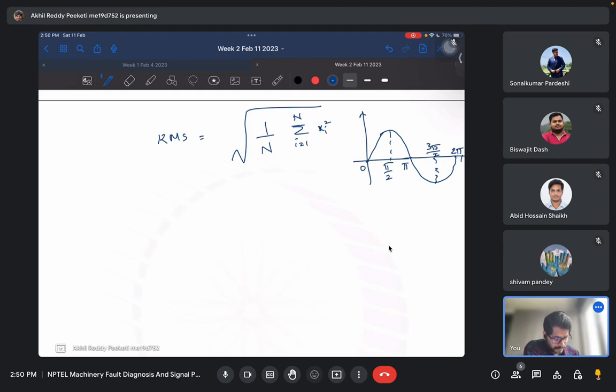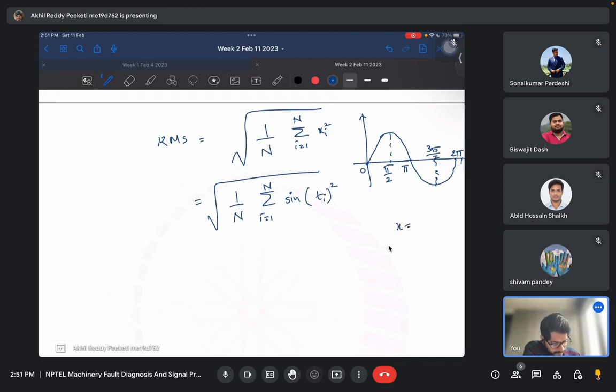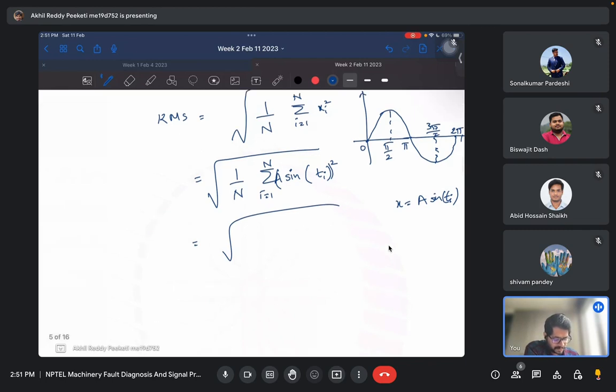Now, let's say if you have such data, now we need to do the mean of squares. Okay, so xi would be my a sin ti. Now if you are converting it into time domain, then we can actually integrate this instead of doing the sum.